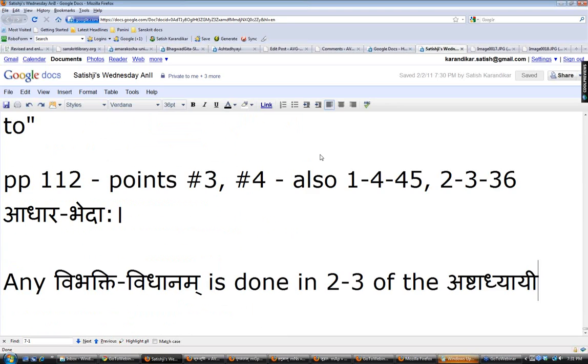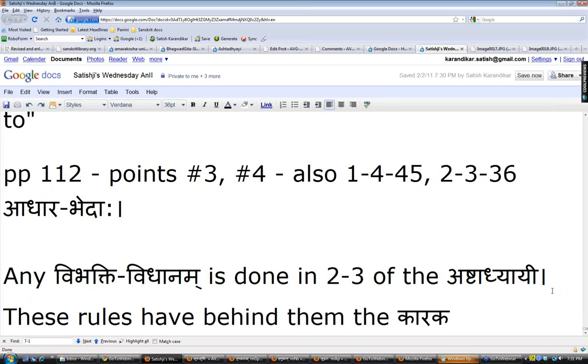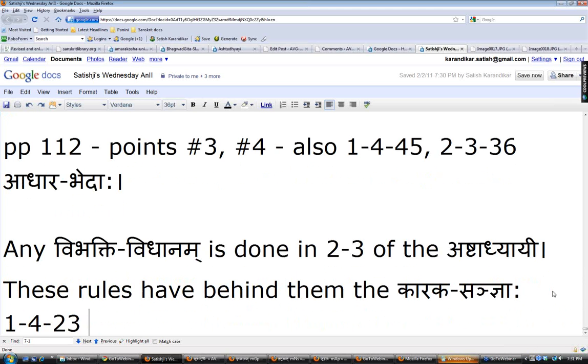Any vibhakti assignment in this language is done in the Ashtadhyayi. A lot of the sutras there depend on the karaka sanjna. The karaka sanjna is done in the karaka section, and the rules are coming in 1-4-23 to I think 1-4-55.